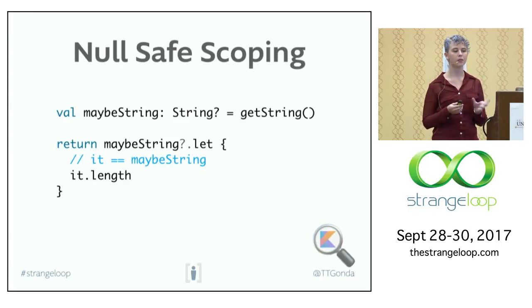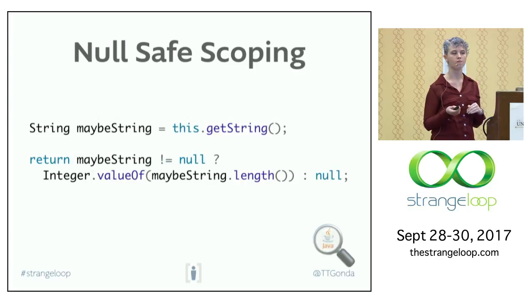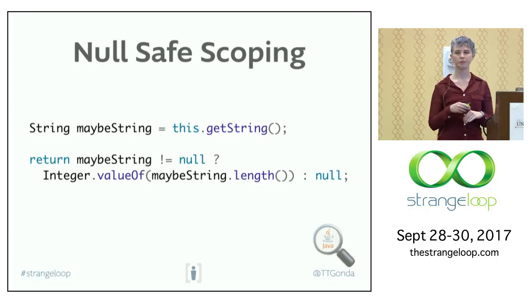It's a little bit unimpressive for this small example, but it's really helpful, especially when you have multi-line blocks of code. So when we decompile it, it uses a ternary to check for null. It returns the length if it's not null, and null otherwise. If we had passed in more lines to that block, it would have used an if statement instead of a ternary.